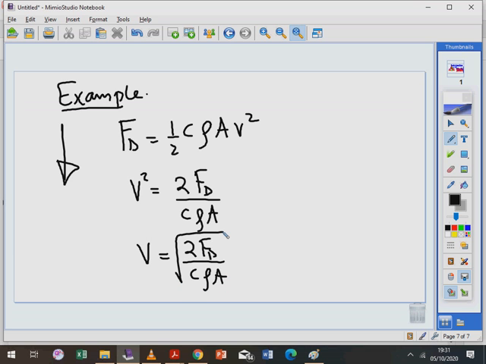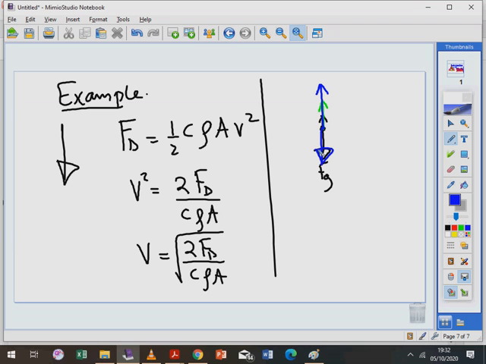Now, imagine Shuad falling through a fluid. When Shuad starts falling, the air is going to start acting on him. He's falling downwards with a force due to gravity, but as he continues to fall, the drag force is going to increase and increase until it matches the force of gravity.